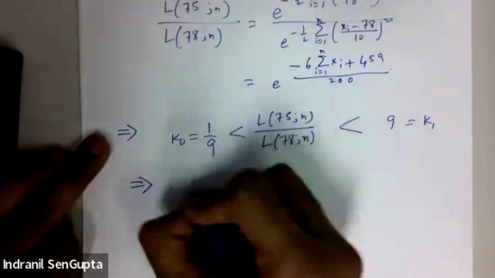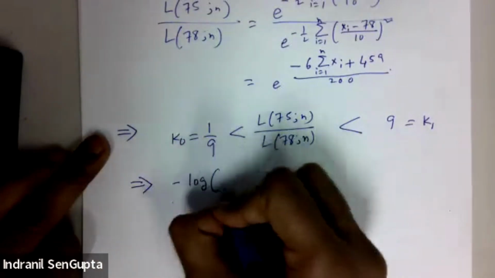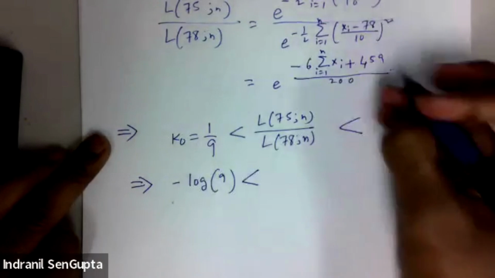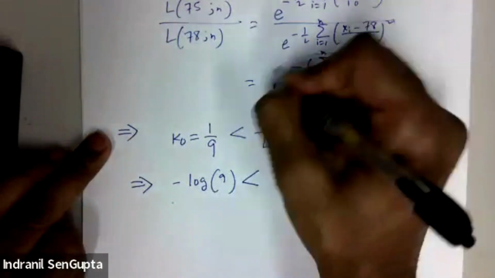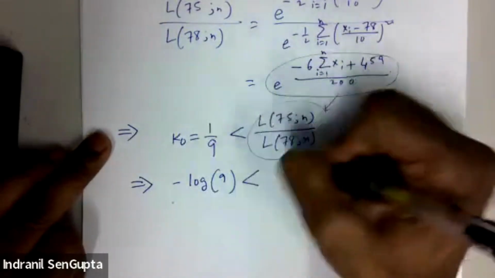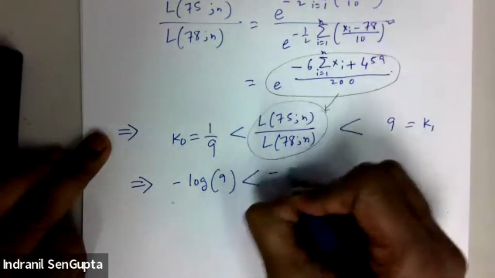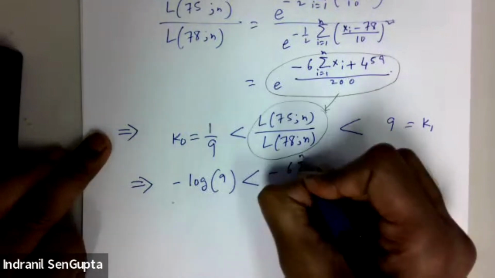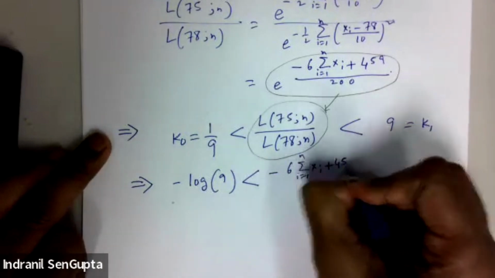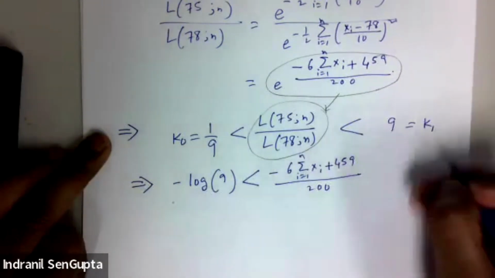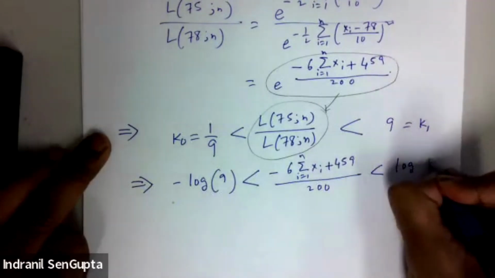So it's going to be log of 1 over 9, that is minus log 9, is less than this quantity. If I take the log, it's basically minus 6 summation i from 1 to n xi plus 459 over 200 less than log of 9.